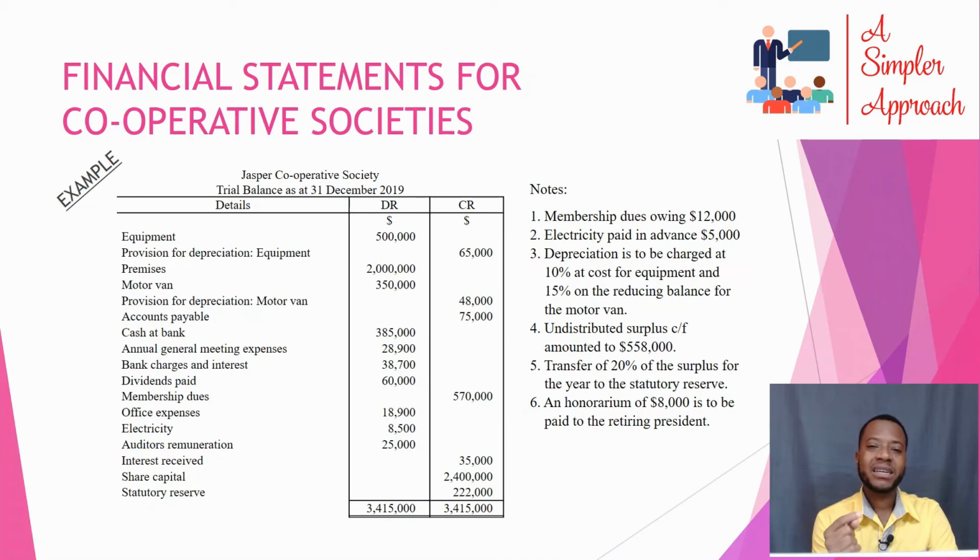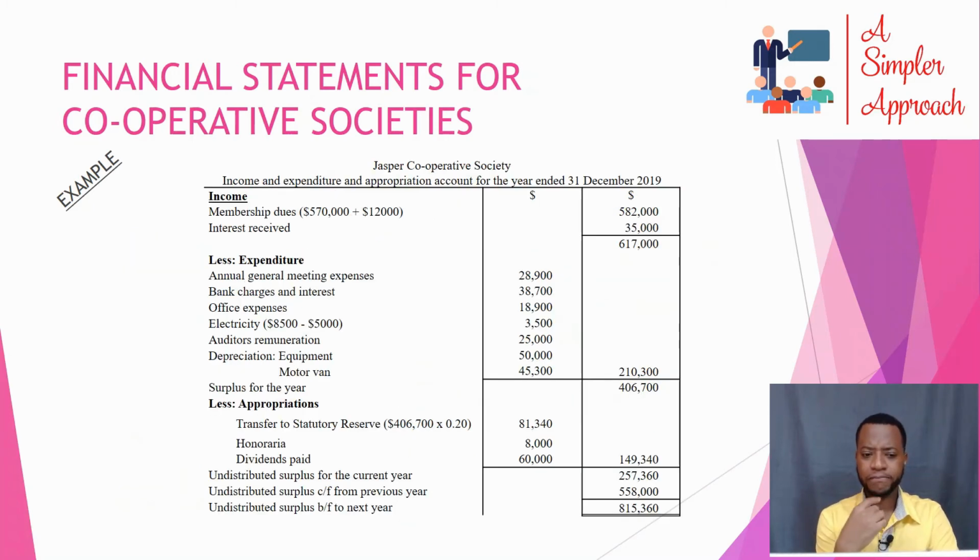If we wish to calculate what it is valued at now, we must subtract the provision for depreciation, 48,000, from the cost price of the motor van, which is 350,000. Having subtracted the 48 from the 350, you can then calculate what your depreciation charge would be. Remember that.